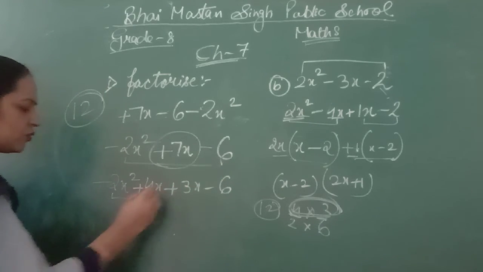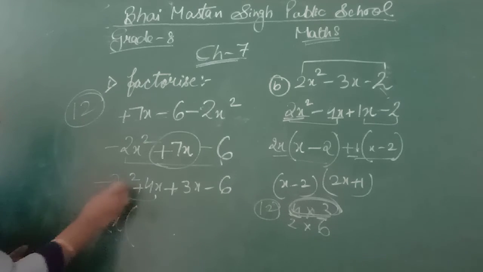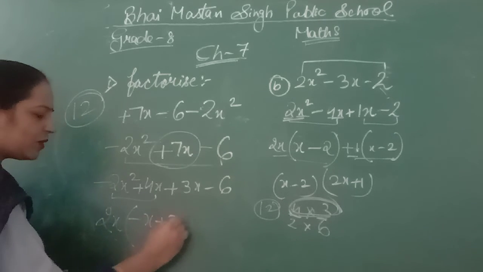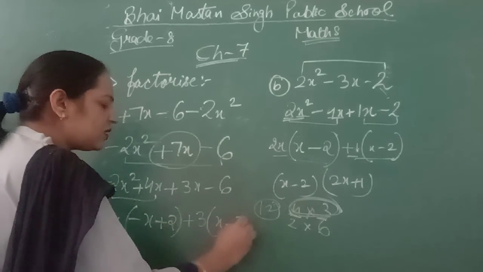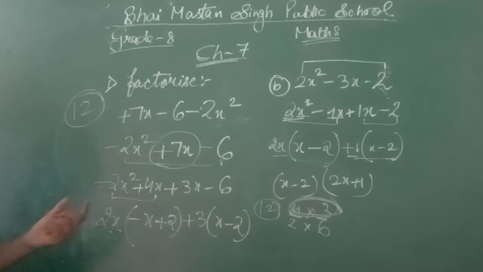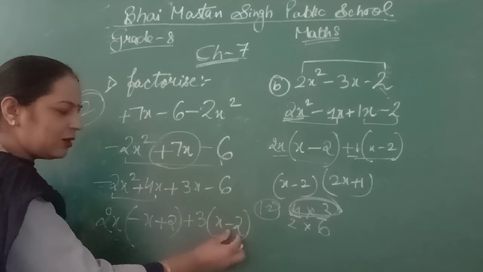Now from these two take one thing common. Here 2 is common and x is common. Inside, minus x and plus 2. Next, 3 is common, so x minus 2. Now look, my bracket is not the same. Here there is a sign difference: minus x and plus 2, and x minus 2.